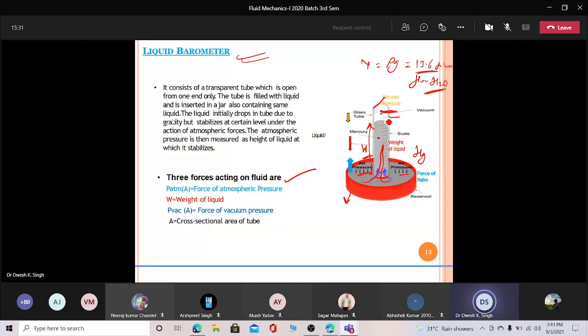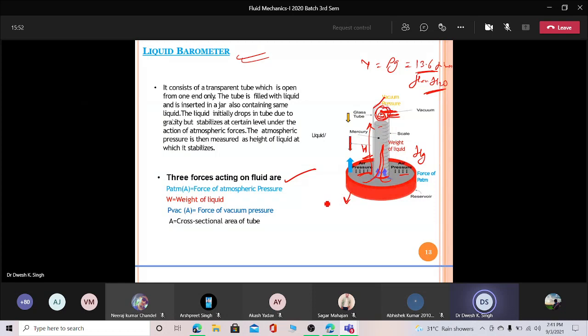Obviously, initially there will be some air here. So it is called a vacuum, because here the pressure will be exerted by a different fluid. The fluid will go up, and some part will be left here, which will act like a vacuum.